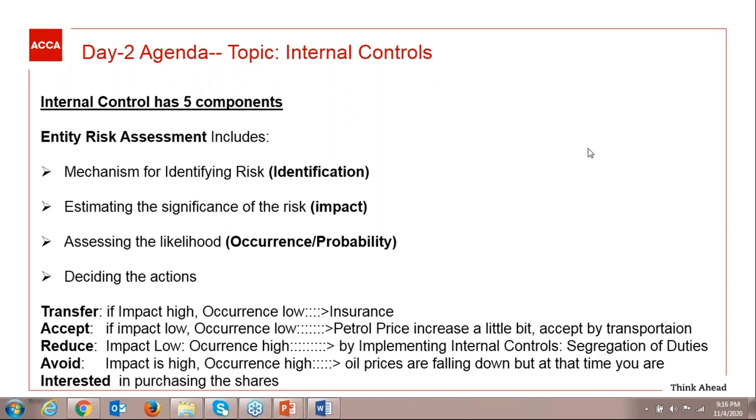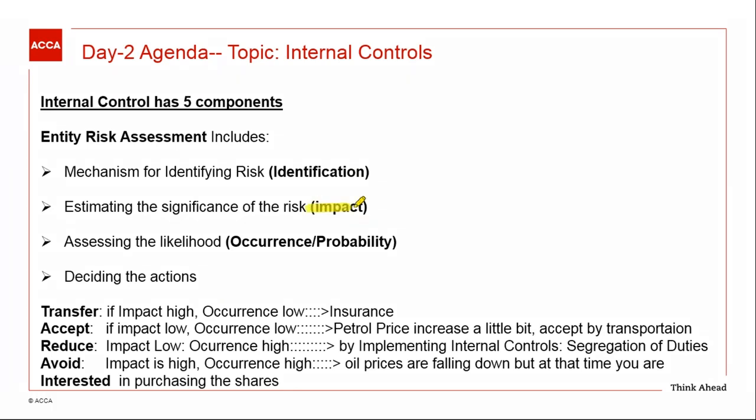So the second element is the impact. And the third element is the occurrence of the event, occurrence of the risk. Assess the likelihood, how many times this risk can occur, what's the frequency, or you can say what's the probability of the event.